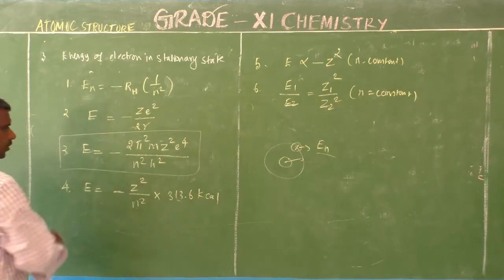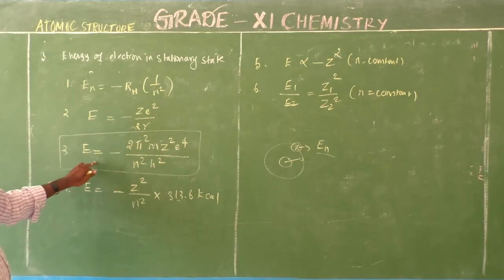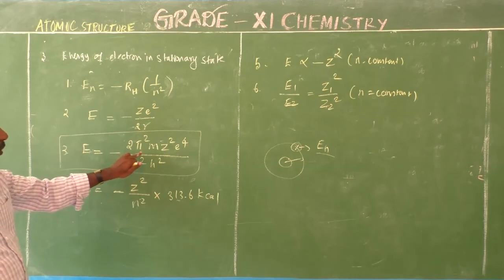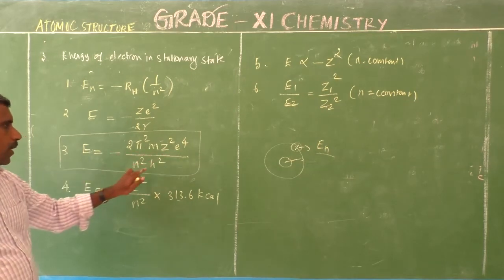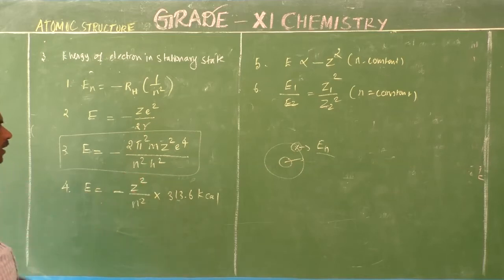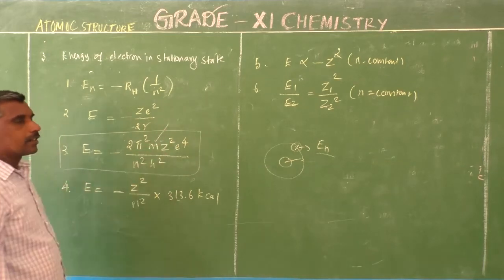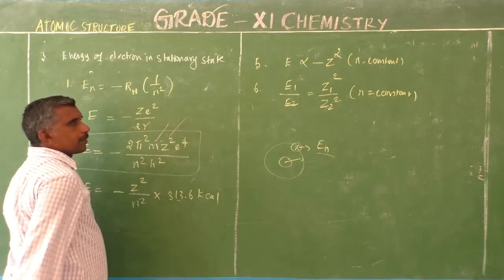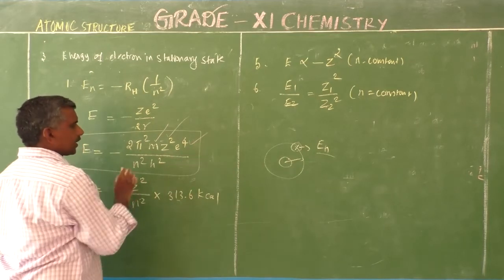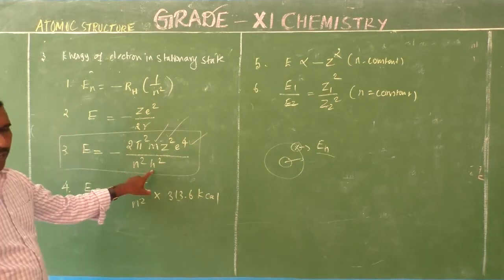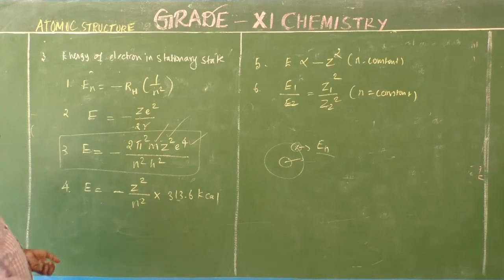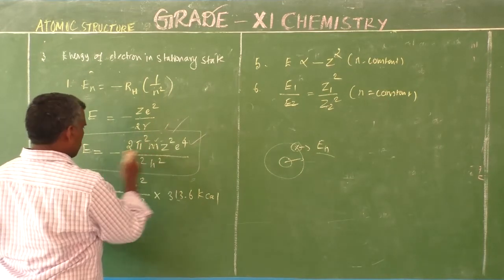Most times I read questions. Energy of electron in orbit is equal to minus 2 pi squared m Z squared e power 4 by n squared h squared. Here m is the mass of the electron, Z the atomic number, e the charge of the electron, n the shell number, and h the Planck constant. The remaining formulas are based on this formula.